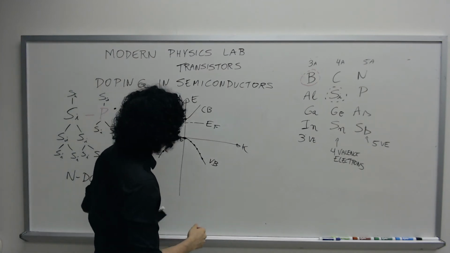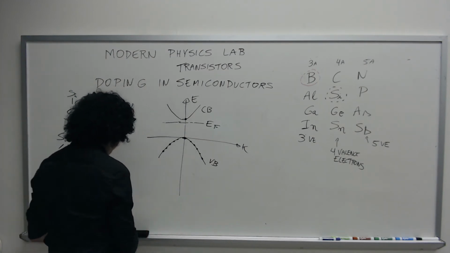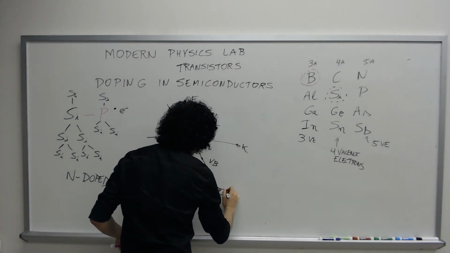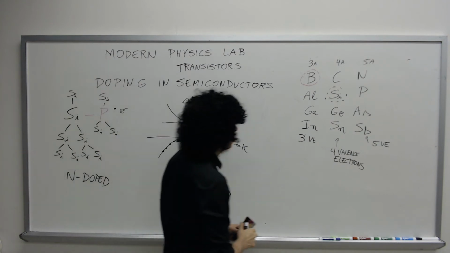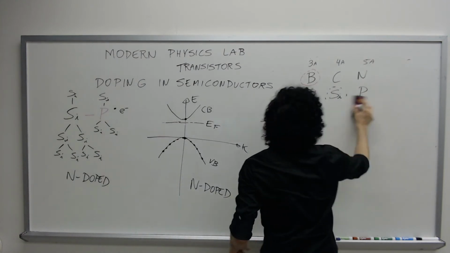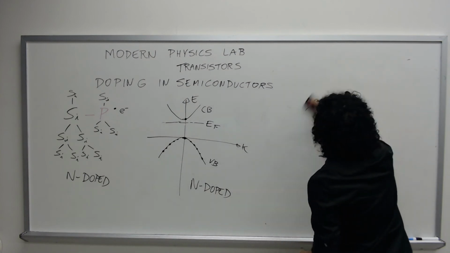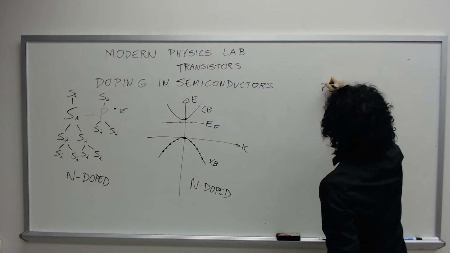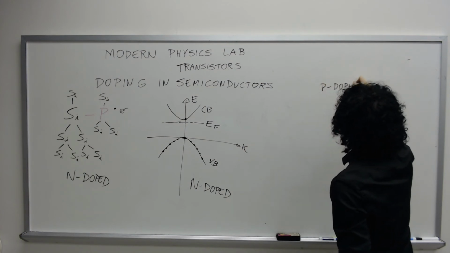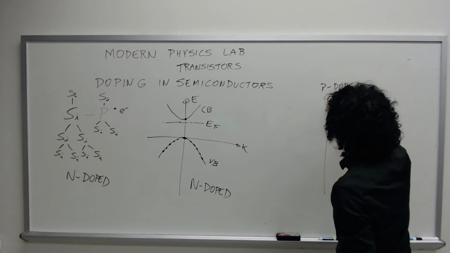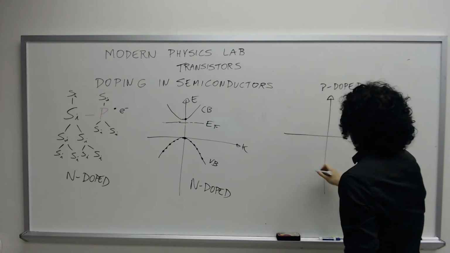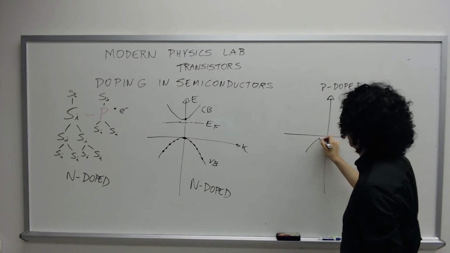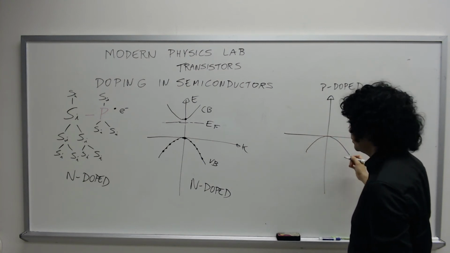The same is valid for a p-doped. So this is the case of the n-doped. And for a p-doped, we have a hole. So the boron atom will now be an acceptor instead of donor.